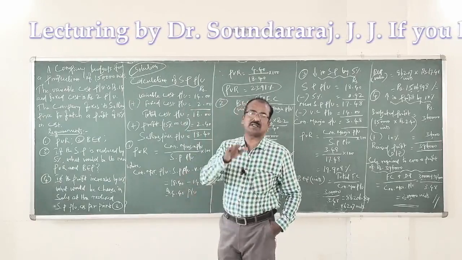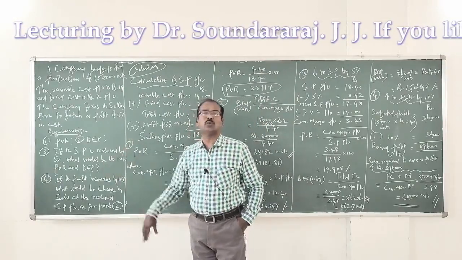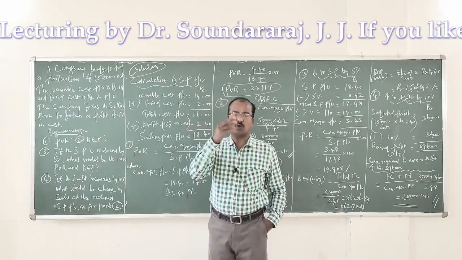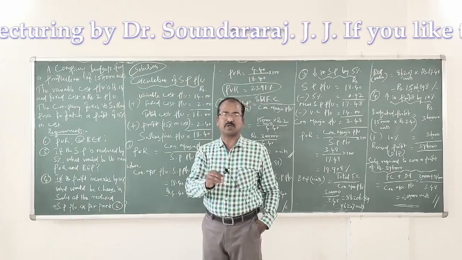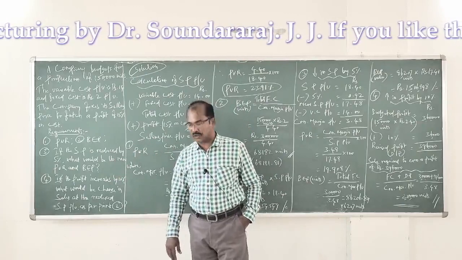If the selling price is brought down by 5%, what would be the new profit volume ratio and break-even point? That means, what would be the impact of reduction of selling price by 5% on the PVR and break-even point? That's question 3.